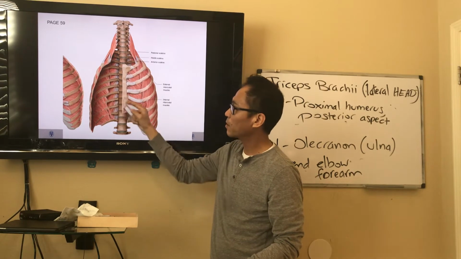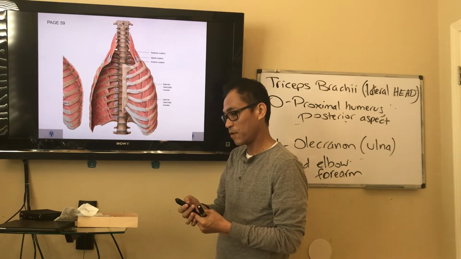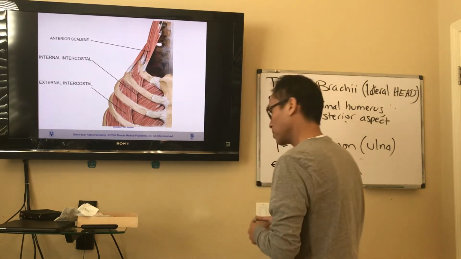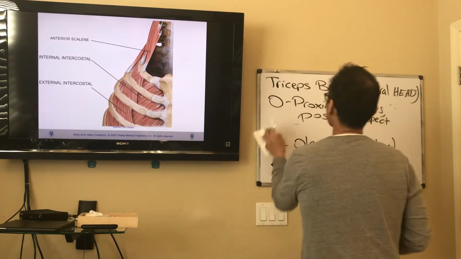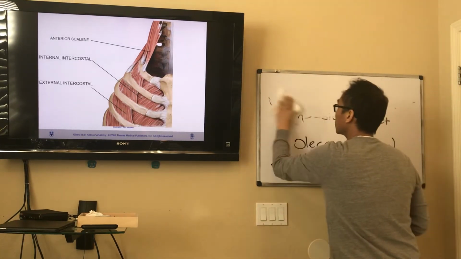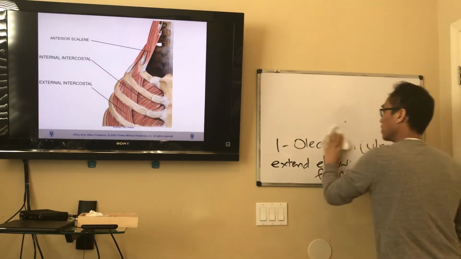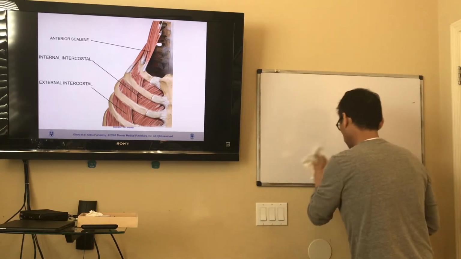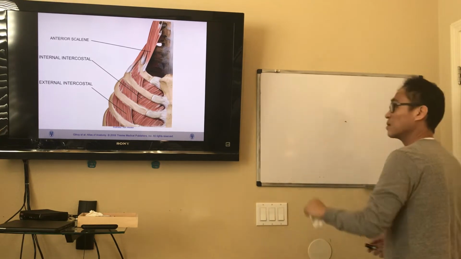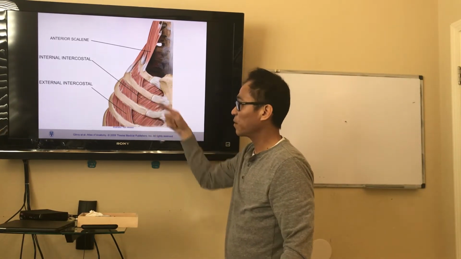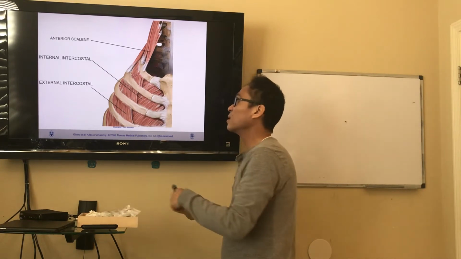Okay. So just know, in a closer up view, external intercostals, internal intercostals. It's all the ones between the ribs, all these intercostal spaces.